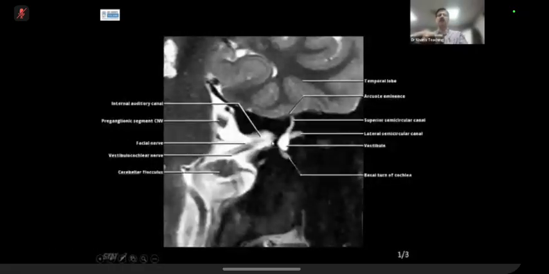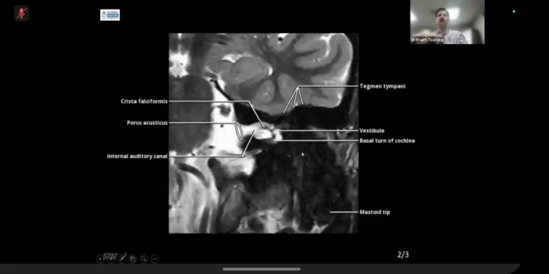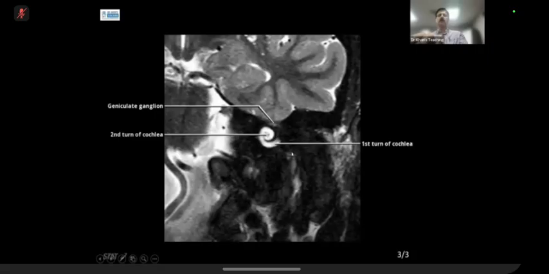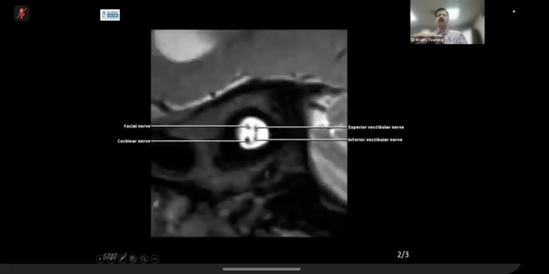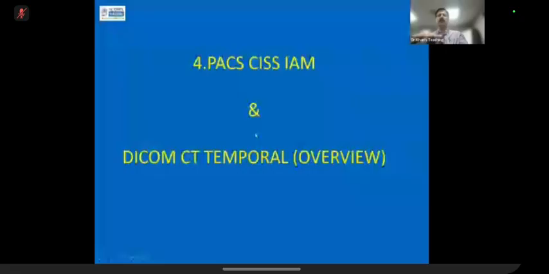You can see the nerves going, the cochlear nerve and the vestibular nerve, as we already know. This is the coronal section, where you can see the superior semicircular canal, the lateral semicircular canal, and the vestibule. This is the cochlea, and this is the sagittal sequence, which is an exam sequence, as I have told you.